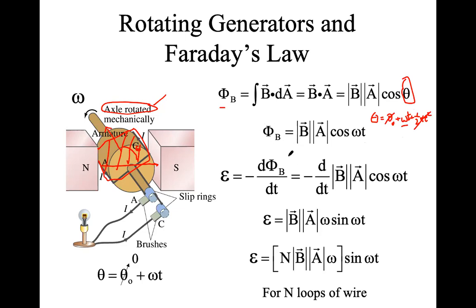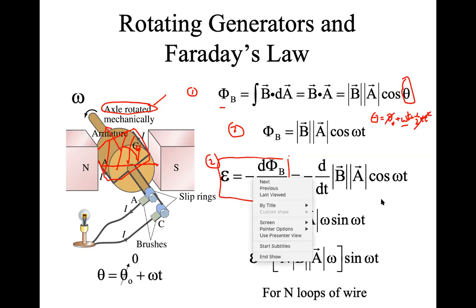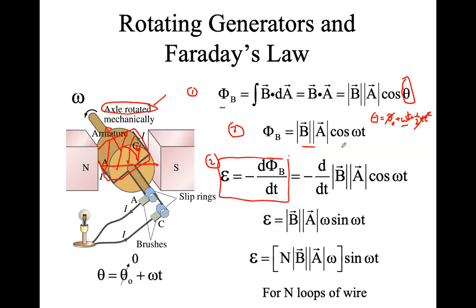Faraday's law, formally applied. These are kind of my steps from before. I guess area, right? Flux. And now the rate of change of flux in time is Faraday's law formally applied. I'm going to make use of this negative sign here, but my advice is only think about this as magnitude. Okay, so I've got this guy right here that I have to take the time derivative of. Magnetic field's a constant.